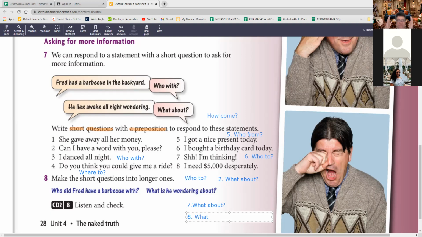So this question is what I'm looking for in English. How do we say that in English? What for? Yes, exactly what you said, but in Portuguese, right? In English it is what for. So let's check the answers, people.